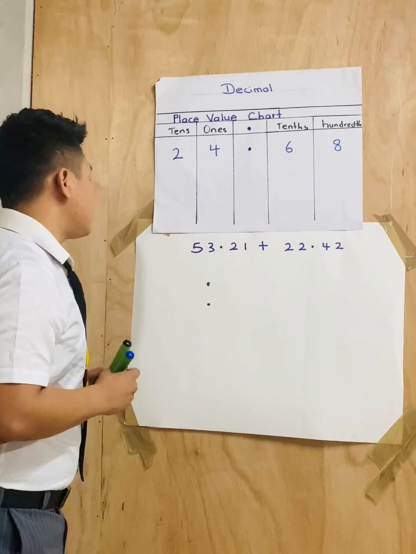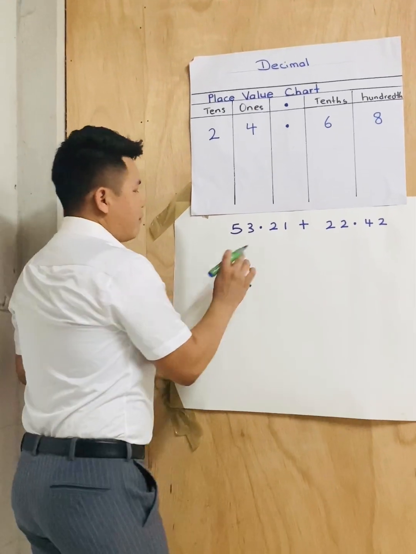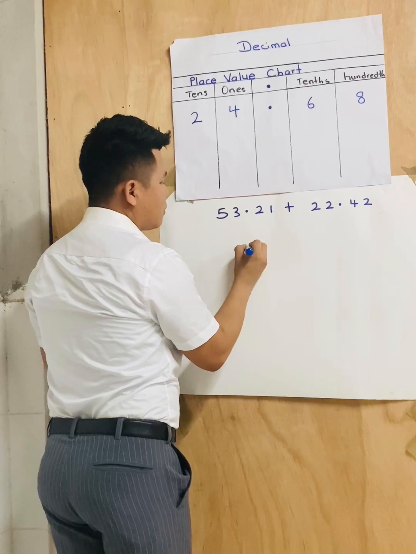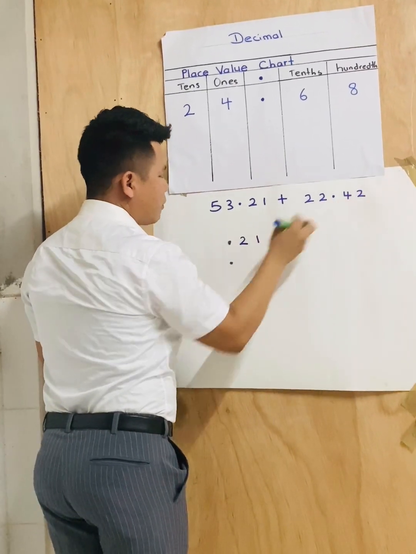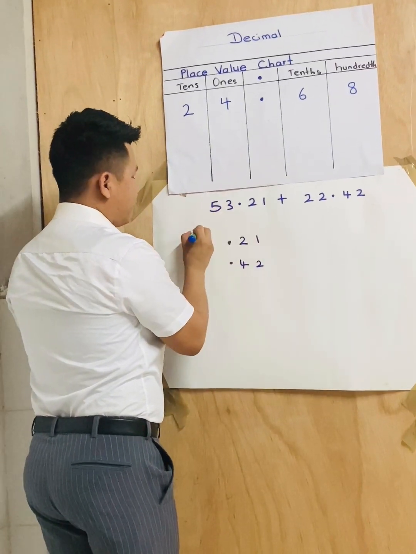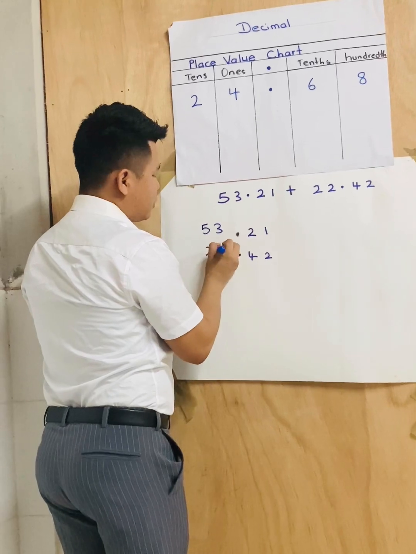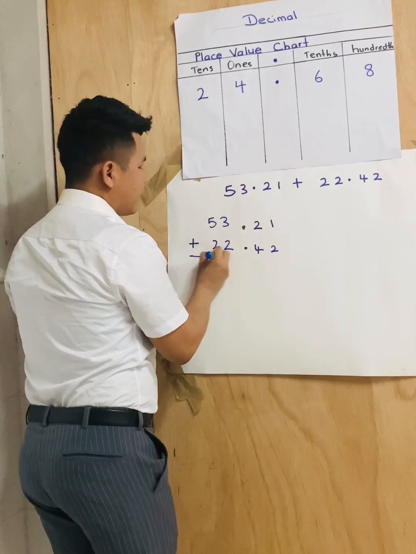So don't forget that. Now that we set down our decimal points, let us place the numbers given. 21, 42, 53, and 22. Don't forget your addition sign.